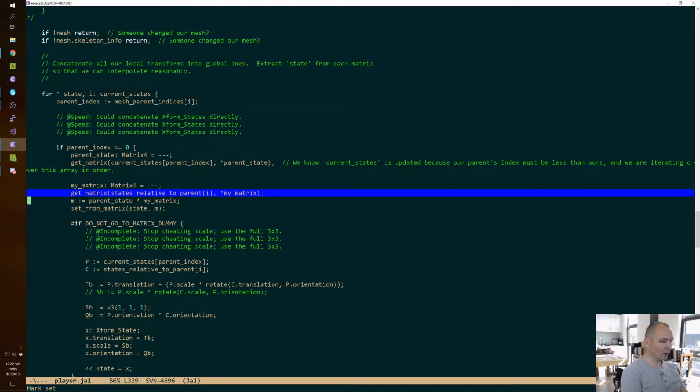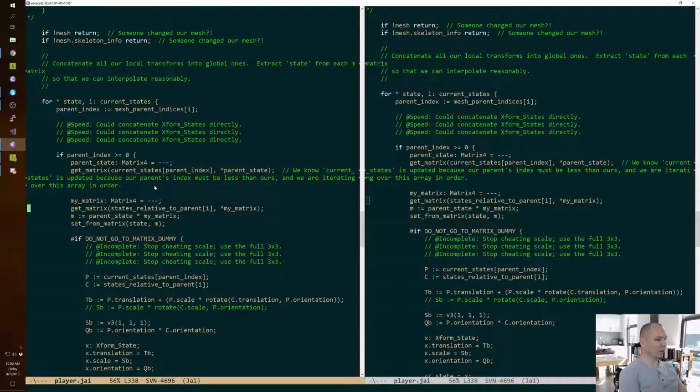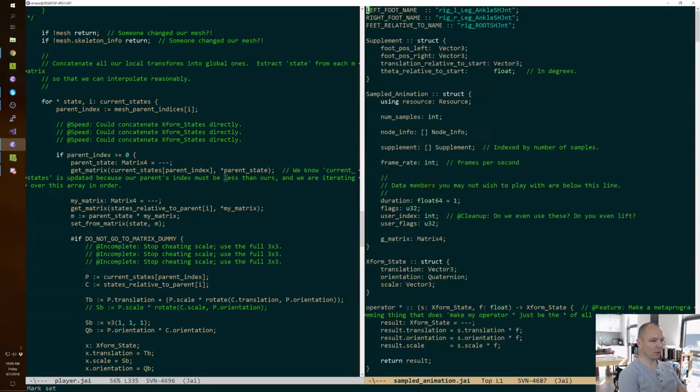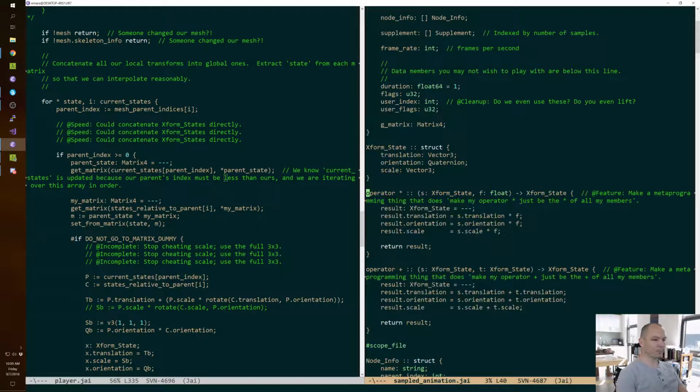It's messy. We do that for 2. So actually, sorry, this turns this X-form state. Okay, so that I'm not babbling too much, let's look at what the X-form state is. That's in sampled animation. So we represent the transformation of each bone as one of these things. It has a discrete translation, orientation, and scale. This is the same kind of information that you would have in a transformation matrix, but it's a more convenient form.